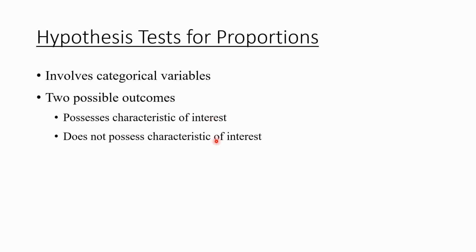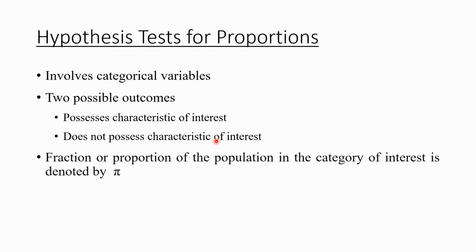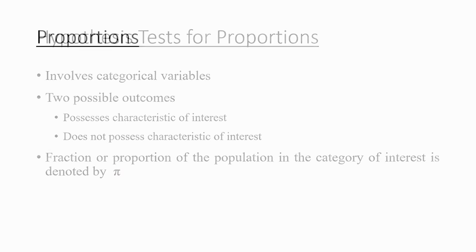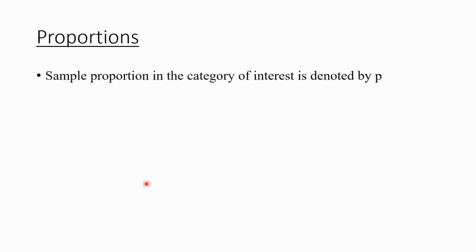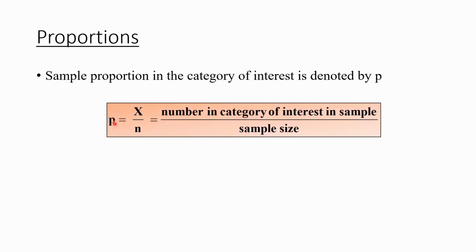The population proportion is given by the symbol pi, and the sample proportion is given by the symbol p, where p is defined by x over n, where x is the number in the category of interest in the sample divided by the sample size.